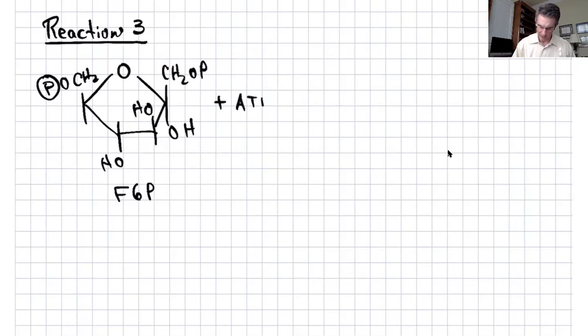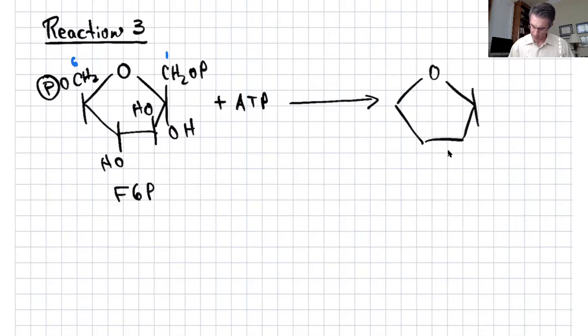This is the end of our energy investment phase, to phosphorylate that number one carbon. Remember, here's our number one carbon right here, here's our 6. So we're now going to phosphorylate that carbon by using some more ATP, another group transfer reaction, to generate this diphosphorylated fructose.